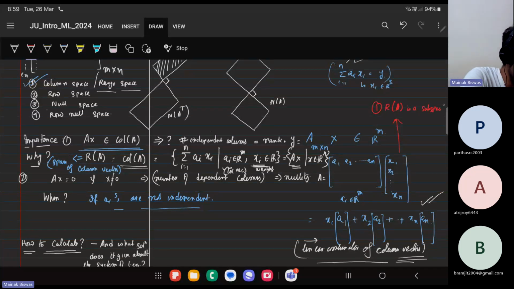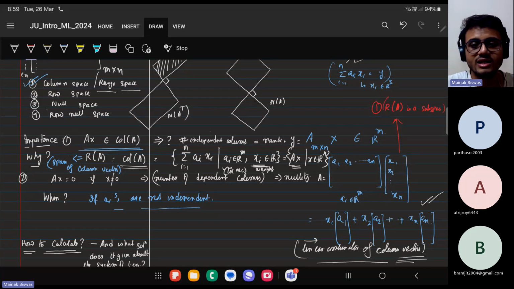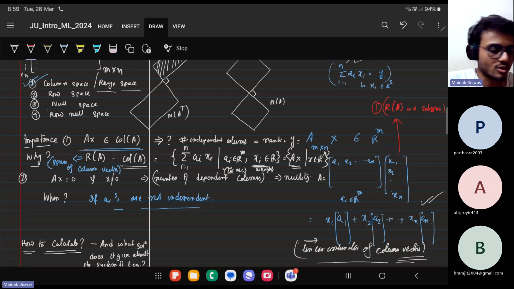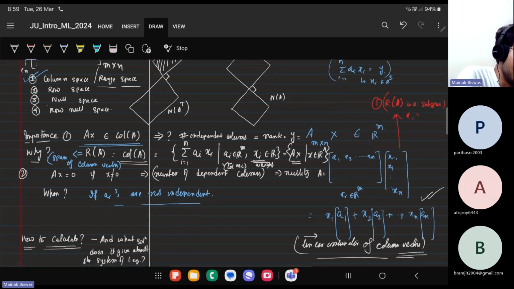I will show it for the null space and then you can show it for the range space. For showing it in the null subspace, what will you have to show? That any linear combination in the subspace will belong to that subspace, right? So if x, y belong to R(A), alpha x plus beta y must belong to the range of A. This is what you have to show.